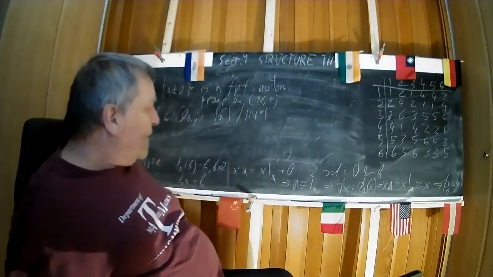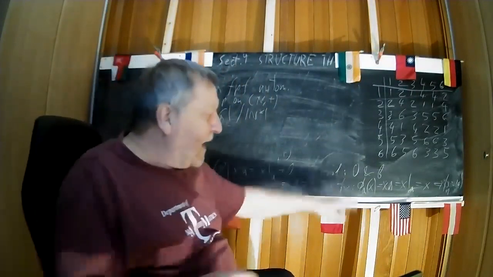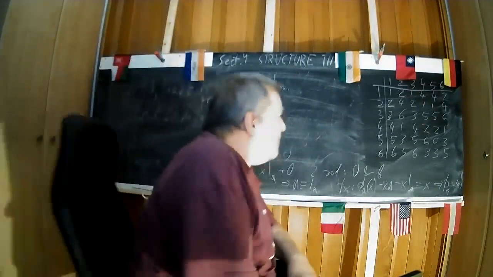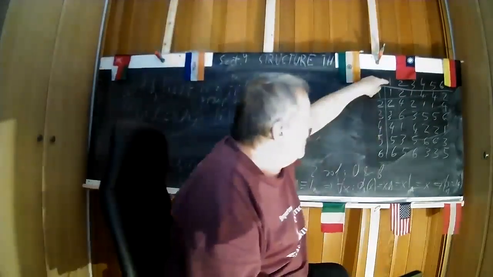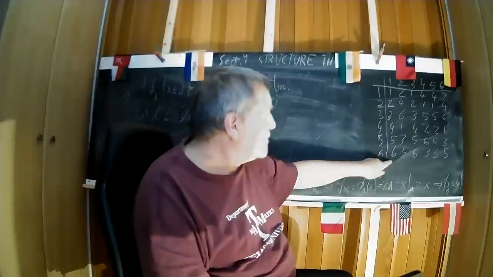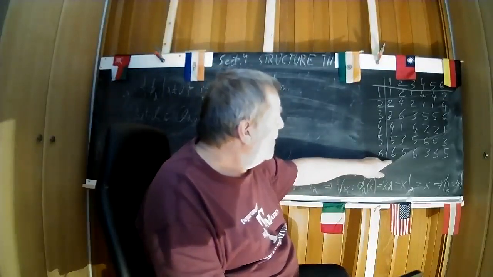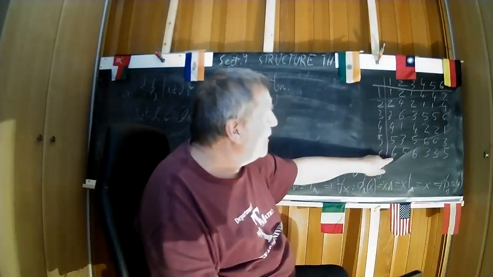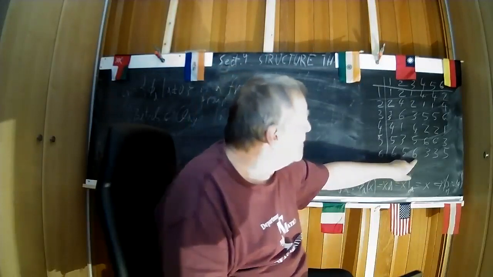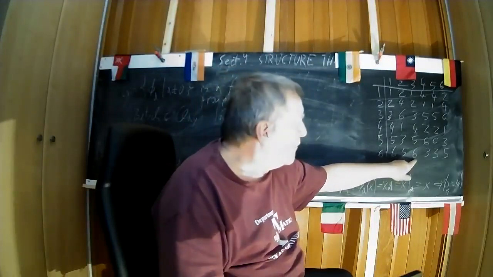Phi sub A is x times A. So if we fix some A, like A equal to 1, all the images are listed here in this corresponding column. And here we see that phi sub A must be the identity map, which also happens for A equal to 3.